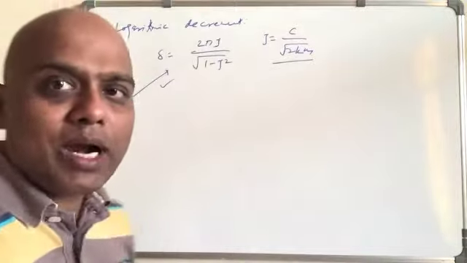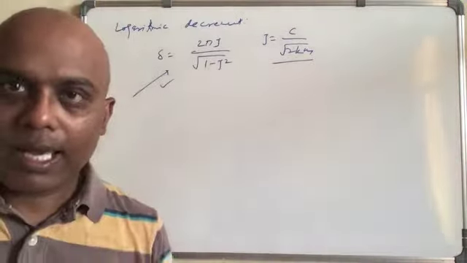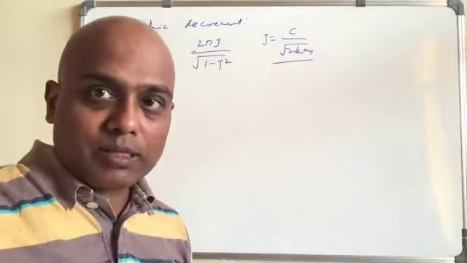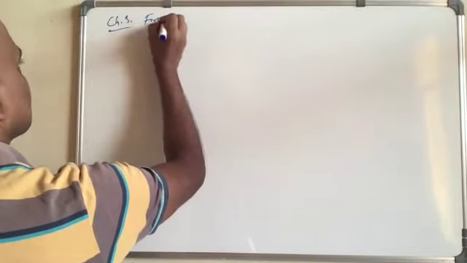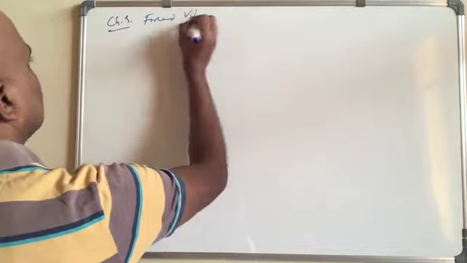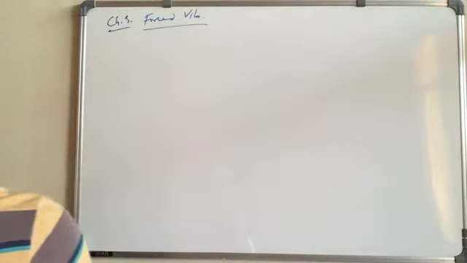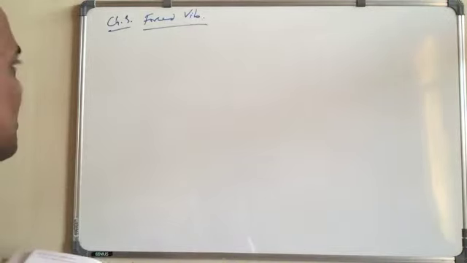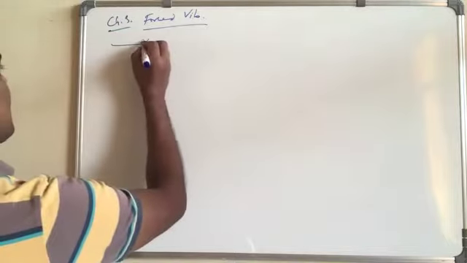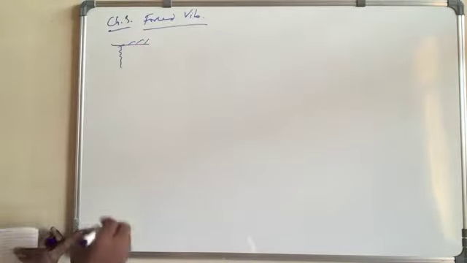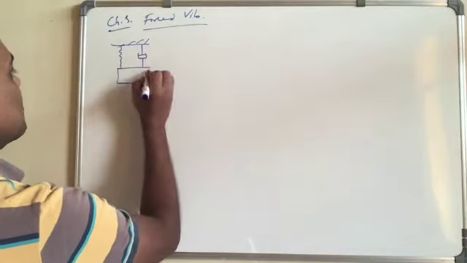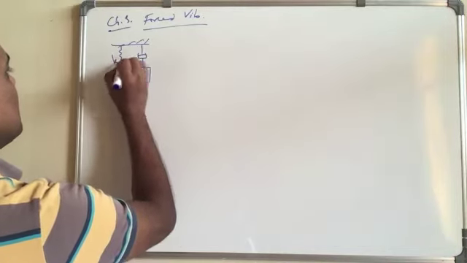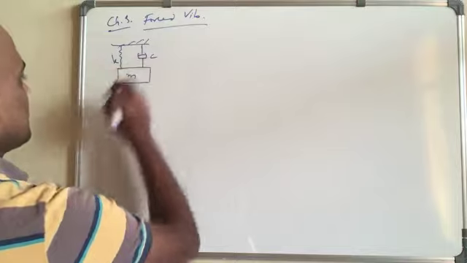the free vibration part. The next was the forced vibration part. So chapter 3, forced vibration, in which there were very straightforward problems, like a spring mass damper system with mass and spring constant K, like this one.